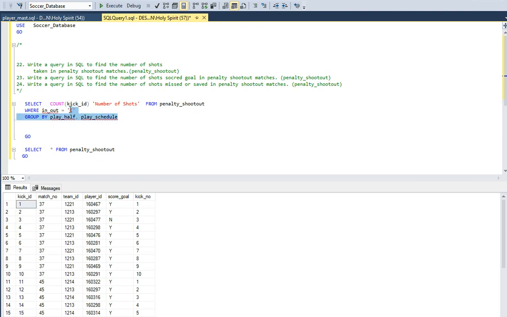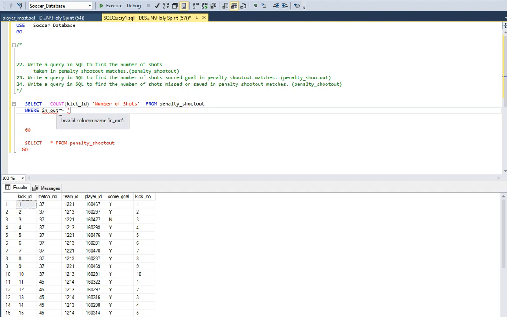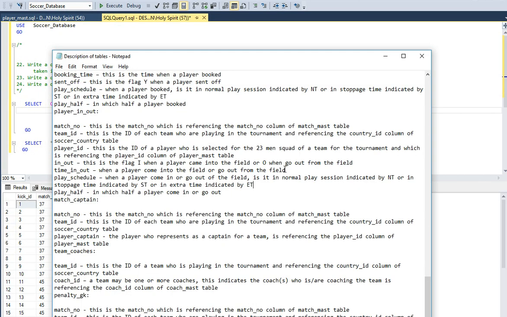Where, okay, here's the condition, penalty shootout, goal score. Okay, everything is in penalty shootout because this table itself is describing penalty shootout. If we have any doubt, we go to the description table.